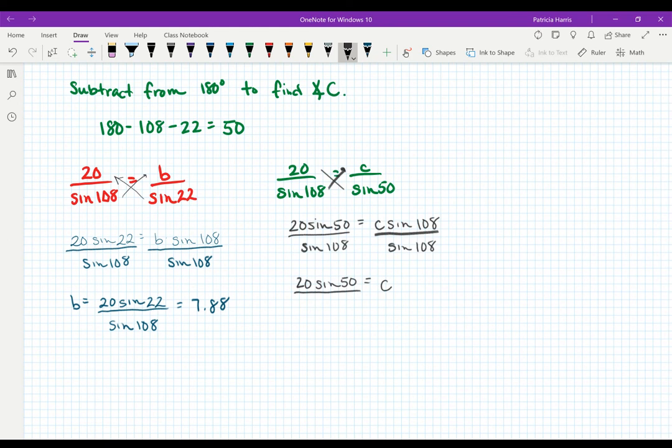Now, the temptation for some students is to use Pythagoras, but Pythagoras only works for right triangles. So please, please, please remember that this is not a right triangle. You cannot use Pythagoras, okay? So Pythagoras is off limits for this triangle. Okay, for that one I get 16.11. And I did round. Okay, also please make sure your calculator is in degree mode.